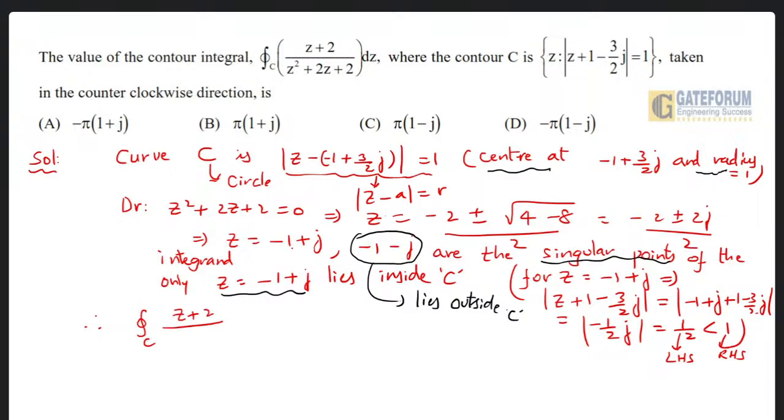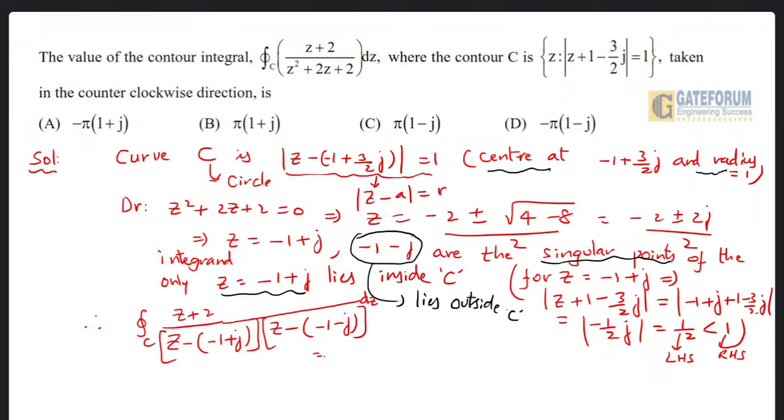Already two roots are there, so this quadratic factor can be written as a product of two linear factors: (z − (−1 + j)) into (z − (−1 − j)) dz. Can I write like this? Whenever a quadratic equation has two roots alpha, beta, then that quadratic can be written as (x − alpha)(x − beta), provided the x² coefficient is 1. Here the z² coefficient is 1.